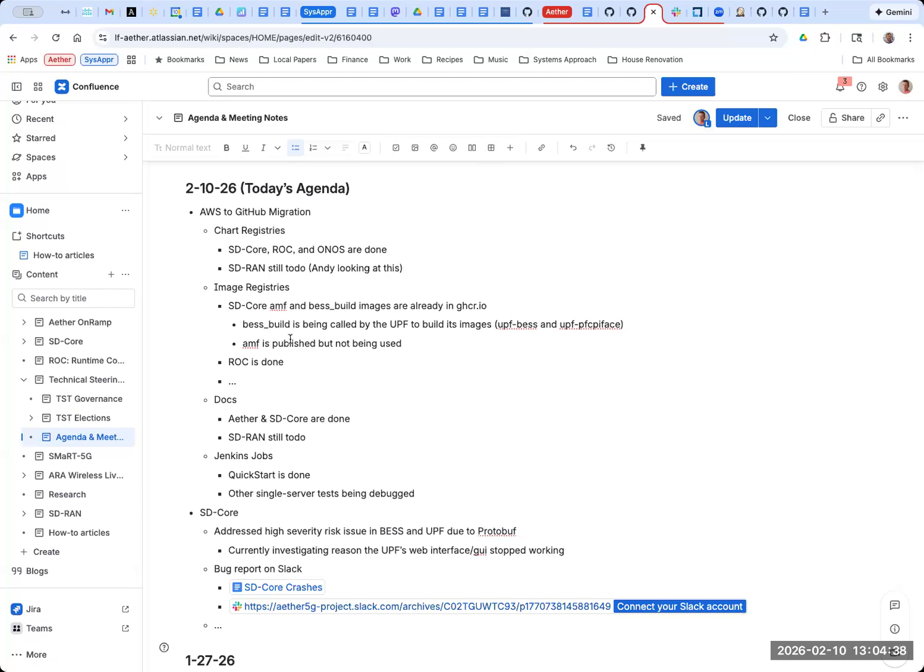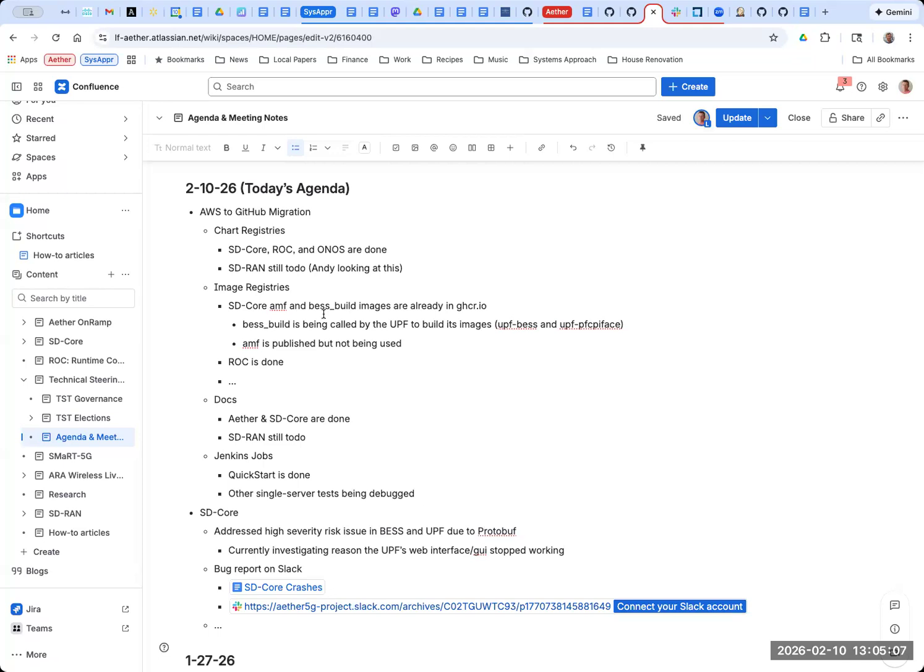Image registries. I know that you're working on this, Gabriel. You're sort of incrementally moving them. Is there any more to say than the bullets here? Yeah, so we have the base build, the image to build the base for the UPF, that we have been using for some time now from the GitHub registry.